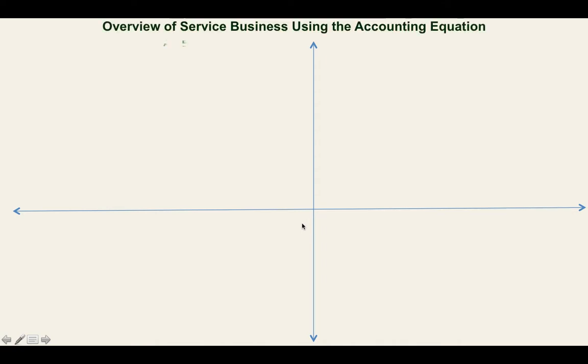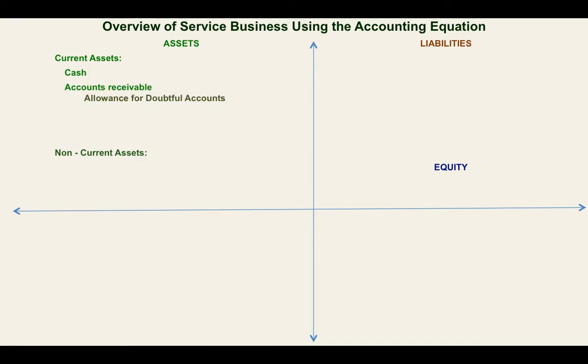Let us take a look, class, at the overview of a service business using the accounting equation. So, if we put up a service business, we will have our assets, liabilities, and equity. We will have our current assets, and as we have discussed in basic accounting, the standard current assets are cash, accounts receivable, and the contra account of accounts receivable, the prepaid rent, and supplies.